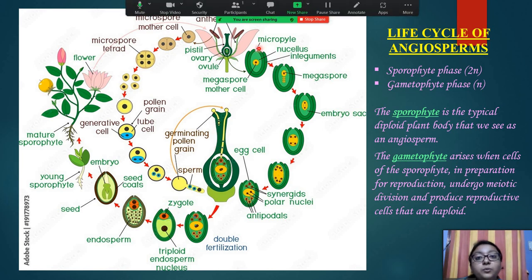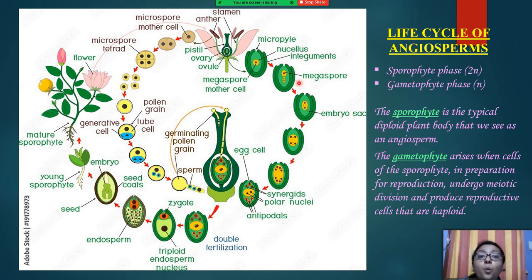Inside the female reproductive unit, there is the megaspore mother cell, which divides meiotically and gives rise to 1 functional megaspore and 3 degenerating megaspores, and this megaspore ultimately forms the 8 nucleated embryo sac.